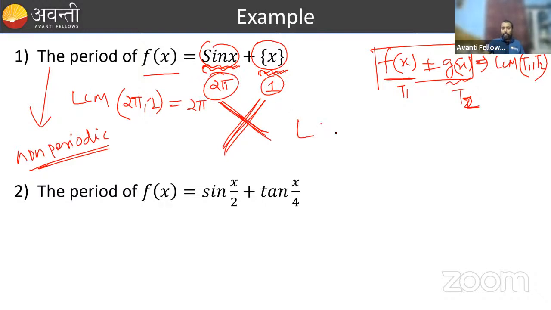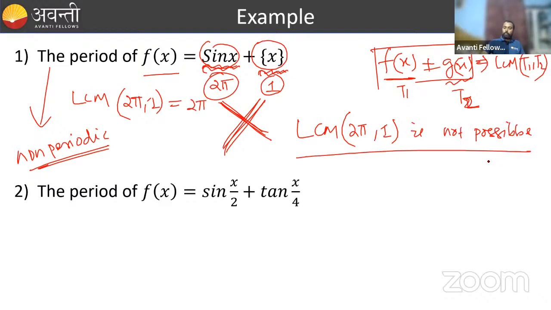So the LCM of an irrational number and a rational number is not possible. If the LCM does not exist, the function is non-periodic. Guys, the function is non-periodic. It's wrong. Clear? Clear, everyone? Okay, if it is clear, come to the next question.